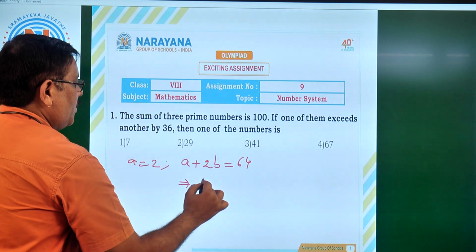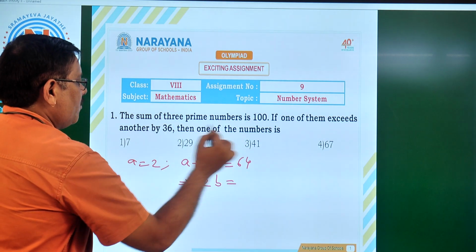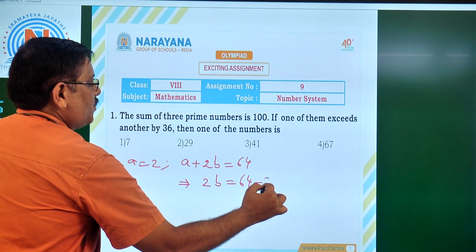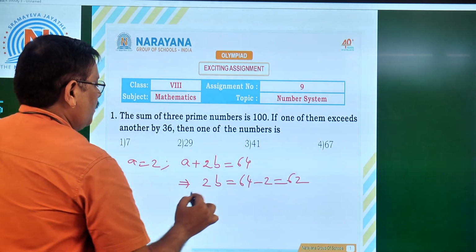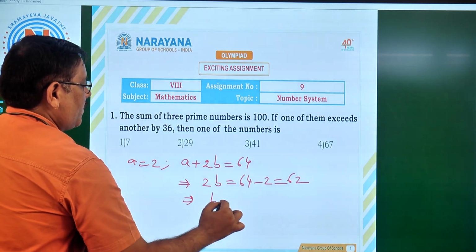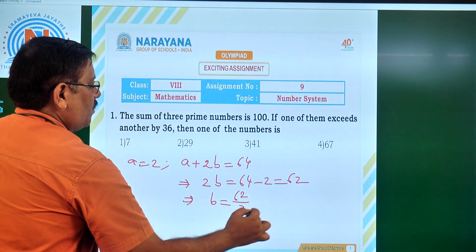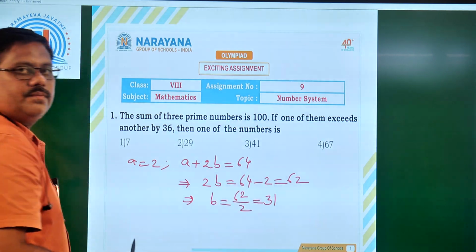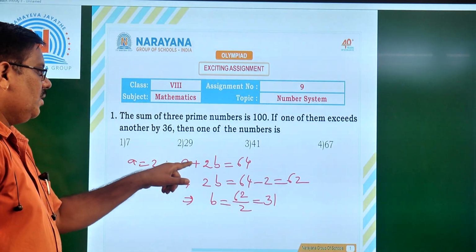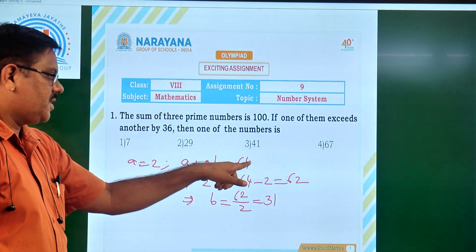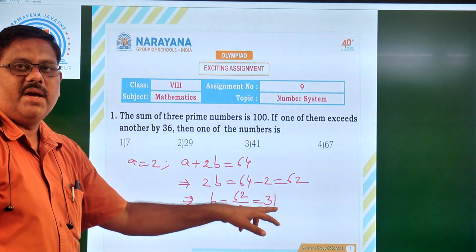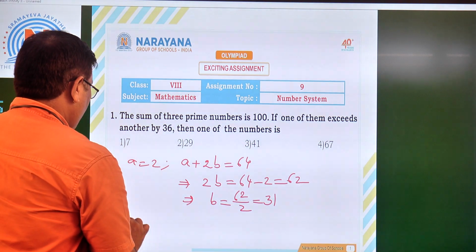That is otherwise 2B is equal to 64 minus A, that is 2, that is going to be 62. It implies B is equal to 62 upon 2, that is going to be 31. So, using A value 2 and the condition A plus 2B is equal to 64, we got the value of B as 31.